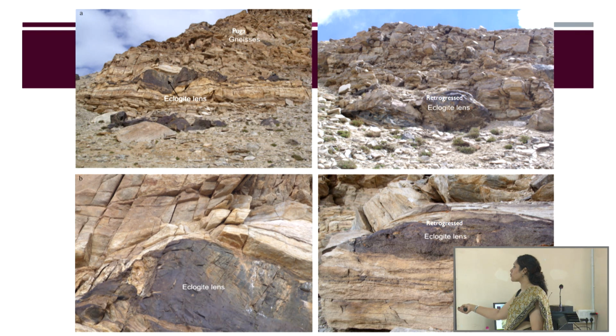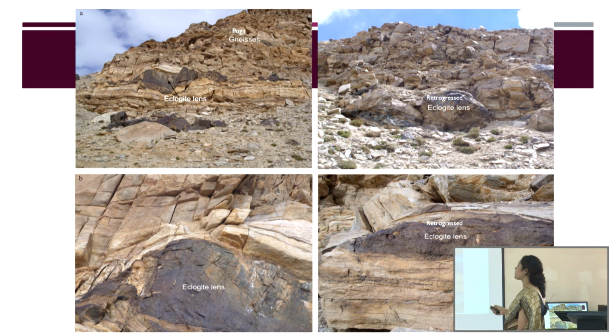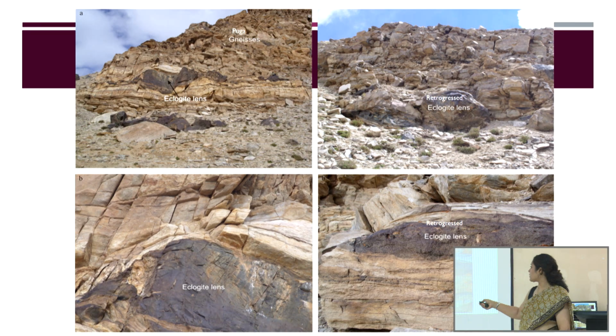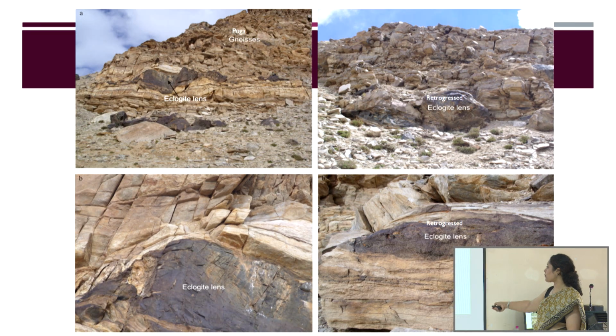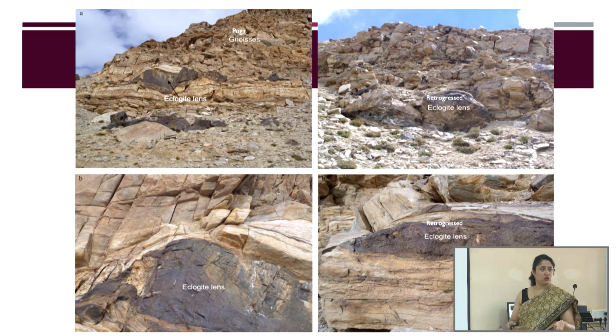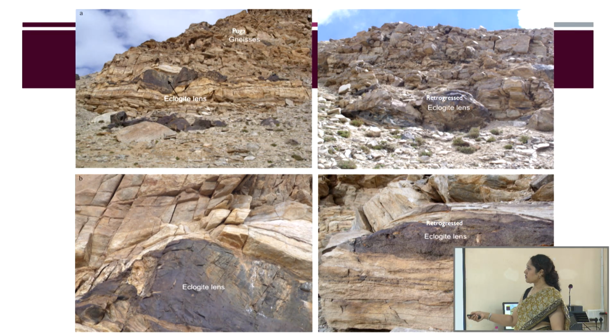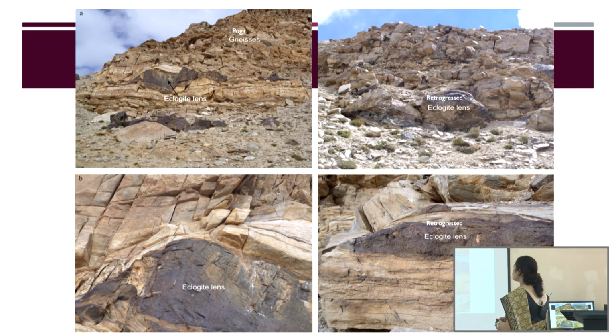They are all retrograded, and they show retrograde features in terms of their minerals, and we'll look at that a little later. They have a very sharp contact with the host rock, not a gradational contact. Even this one here, there are some faults on both sides, but this is how the eclogites look in the gneisses.